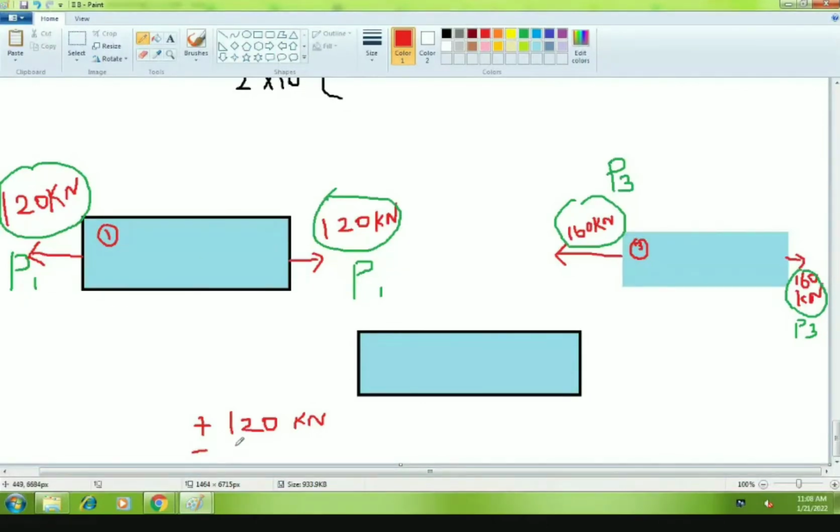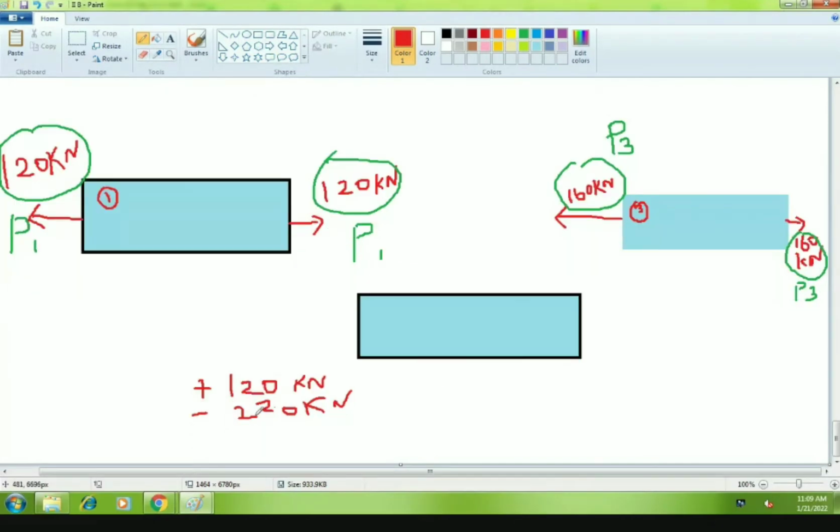How much is P2? 220, sir. What is the difference, ma? Minus 100, sir. Minus 100 kilonewton. Minus means compressive or tensile? Compressive, sir. So check the arrow, ma, how I have written that arrow. This is P2. P2 is 100. Do you understand the concept, ma?